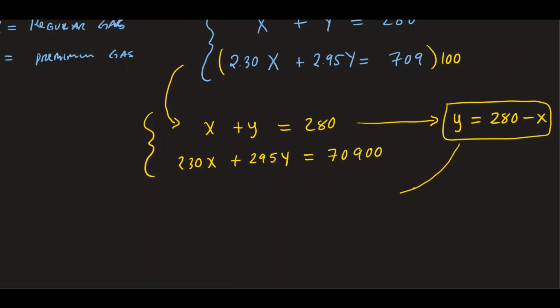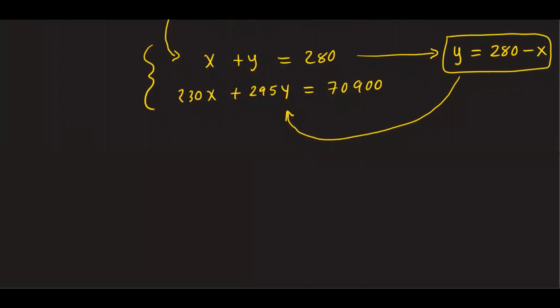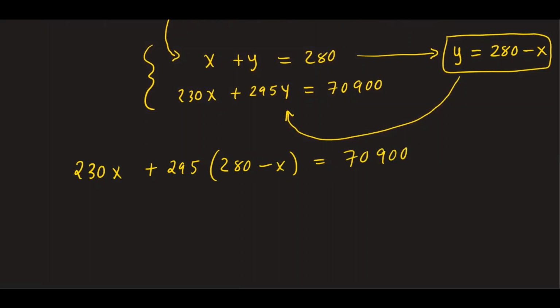And then you simply plug this into the second equation so that you have everything in terms of one variable. So let's go ahead and do that. So we have 230x plus 295y. Well, y will be replaced with 280 minus x is equal to 70,900. And now we can successfully solve for x.